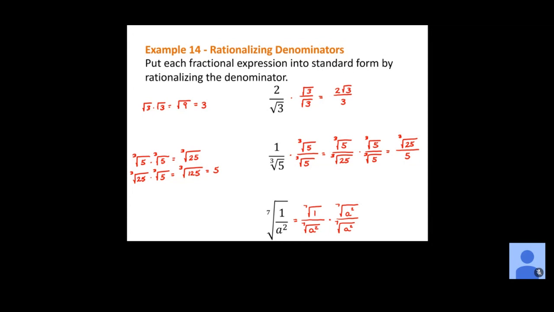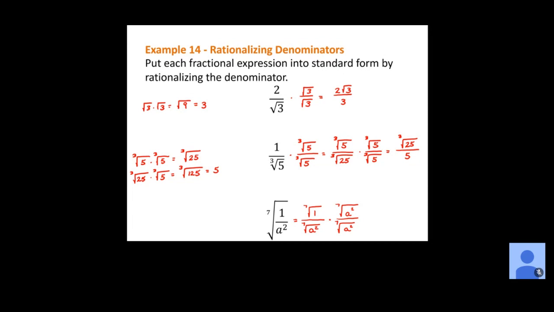Or is there something we could do differently here so that we could just multiply that one time and end up getting rid of the 7th root? Is there something we could change that to so that we could just multiply by a single fraction and get rid of the 7th root up front? Okay, so almost.